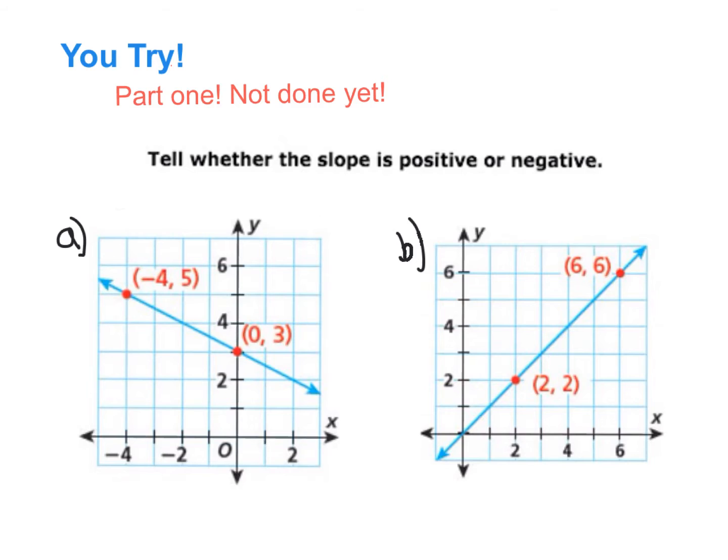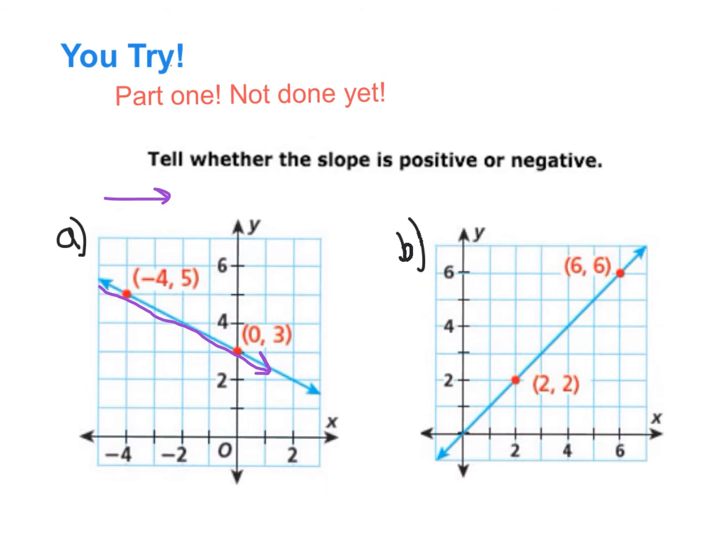This is the first "You Try." Don't worry, there's plenty more to come. But in this one, tell whether the slope is positive or negative. Go ahead and click pause, and then we'll go over the answers. In problem A, as we read from left to right, we see that our slope decreases, or it slopes down.